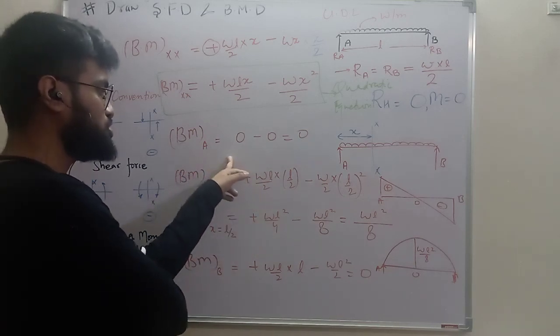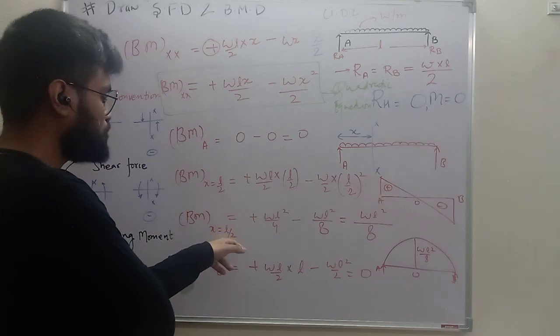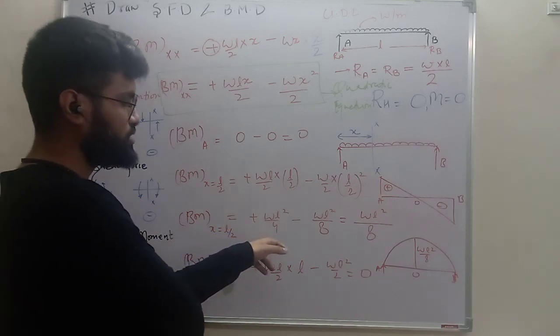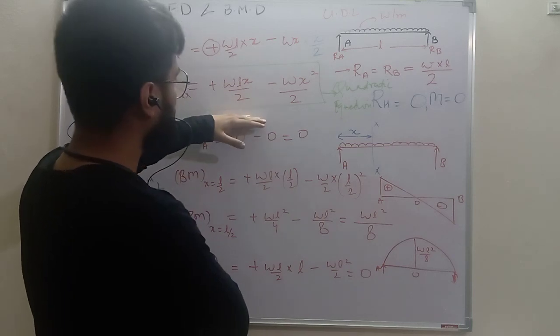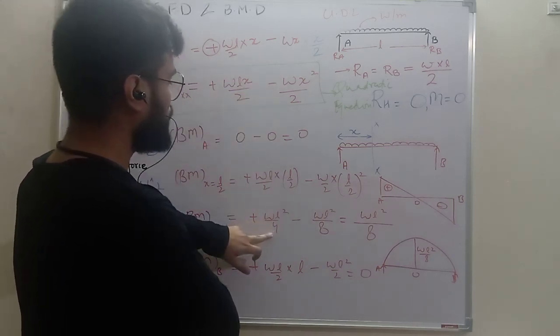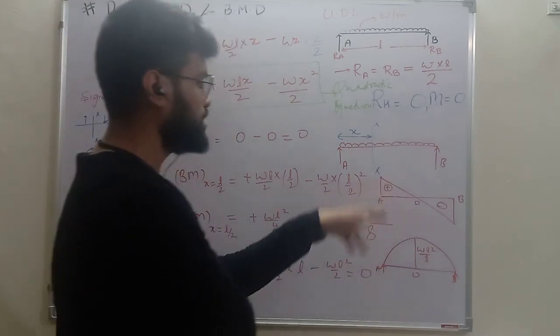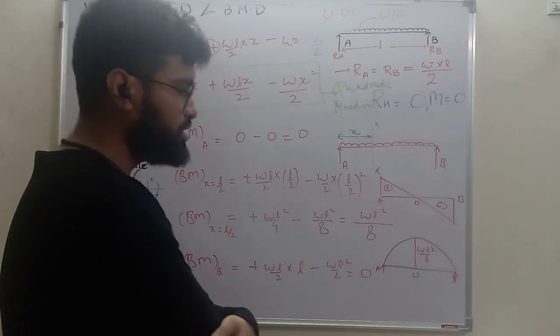At A, it is 0, obviously. At B, it is also 0. And at x equal to L by 2, at the center, it is WL square by 8. In this equation, instead of x, I write L by 2, and I get WL square by 8 at the center. So the bending moment will be maximum at the center and its shape will be parabolic.